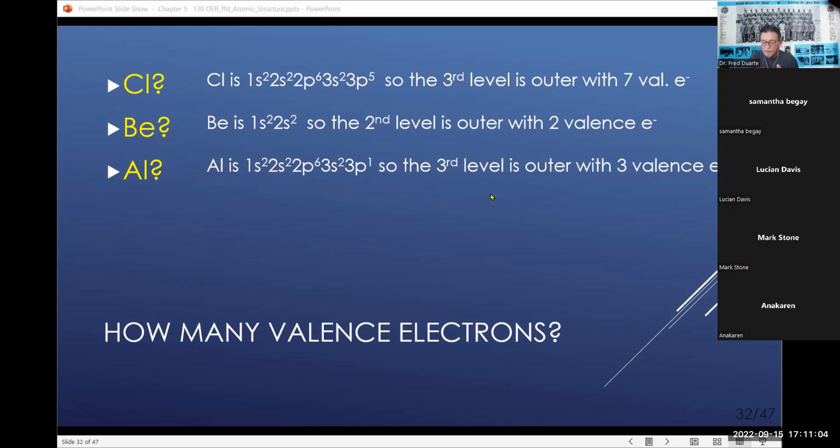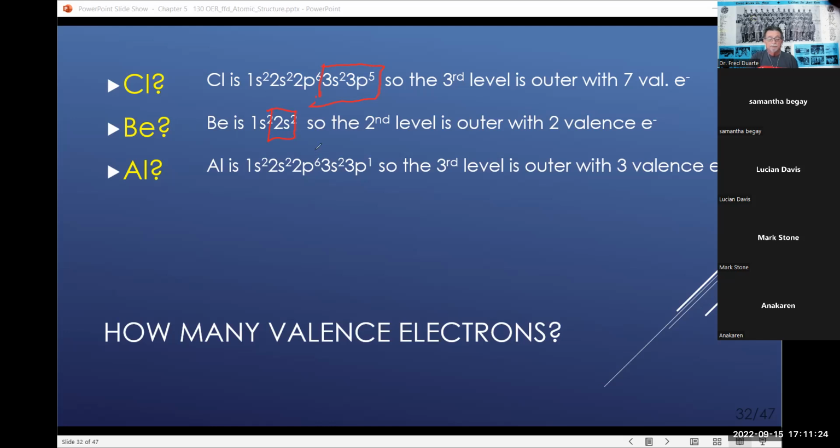And if you don't remember that, then you write out the electron configuration. Here is the valence shell. Beryllium is in group 2A, but if you didn't know that, do the electron configuration and you end up with 1s2 2s2.